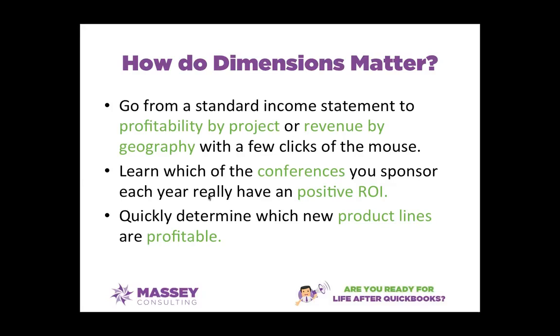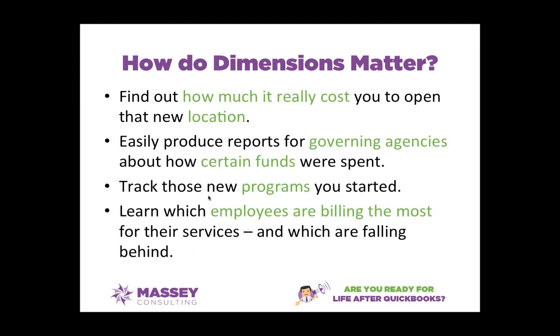You can learn which of the conferences you sponsor each year really have a positive ROI. You know, maybe the marketing conference that these guys go to, and you think it's a good return on your investment, but maybe it's really not. You can measure that now with Intacct. Quickly determine which new product lines are profitable. Find out how much it really cost you to open that new location.